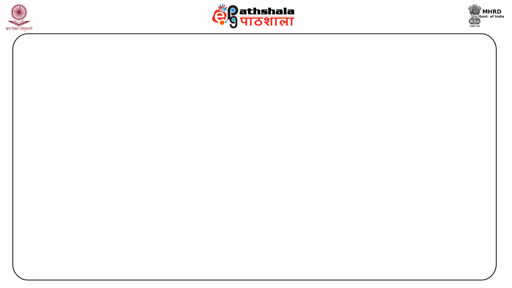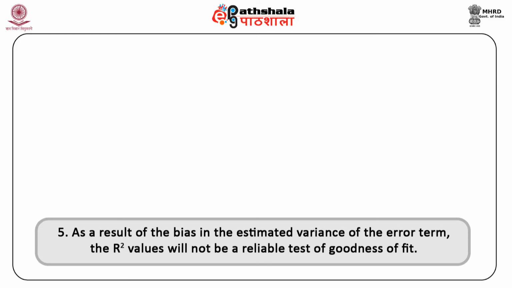The last consequence of autocorrelation is that, as a result of the bias in the estimated variance of the error term, the R squared values will not be a reliable test of goodness of fit.